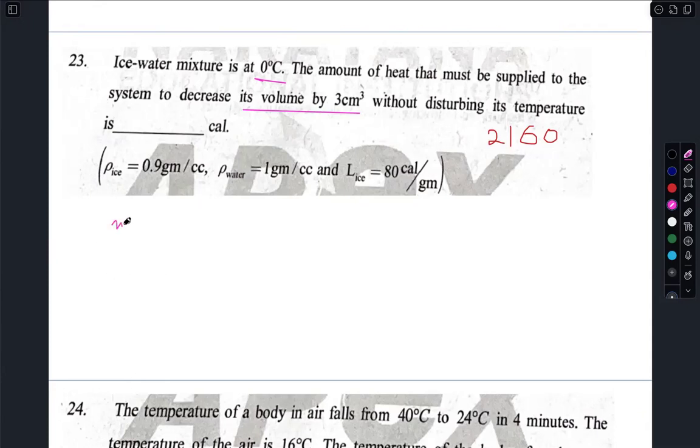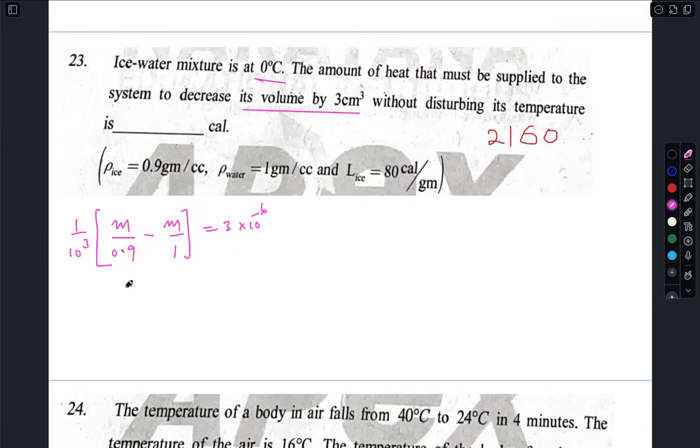a certain mass which was in the form of ice occupies this much volume. When this becomes water, it will occupy this much volume. This is the difference in volume, and that you have given as 3 into 10 power minus 6. Right. Okay. And the density term is also there. SI system means into 0.9 into 10 power 3, 1 by 10 power 3.